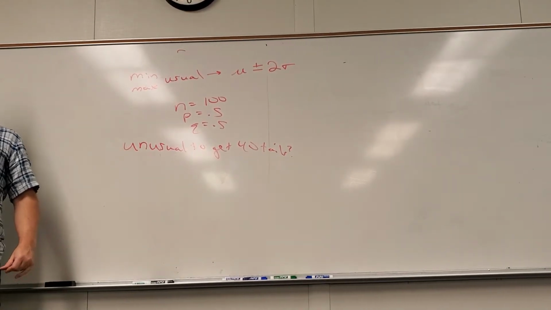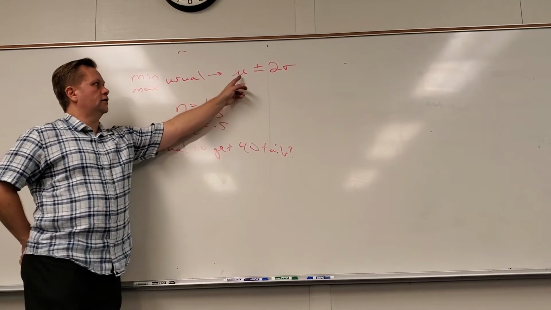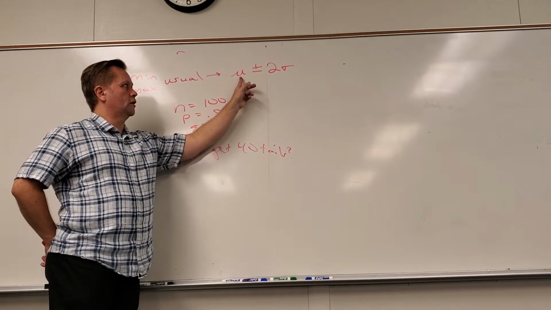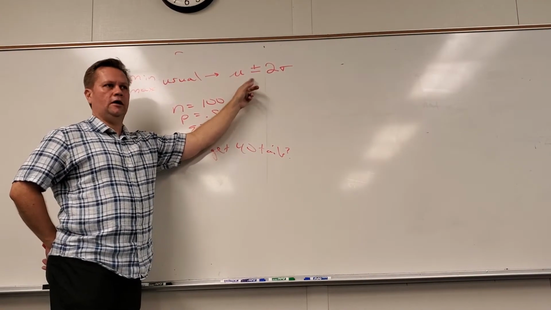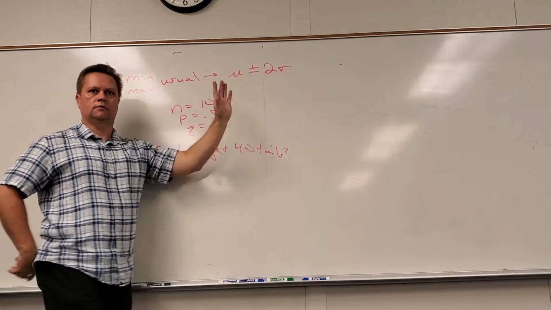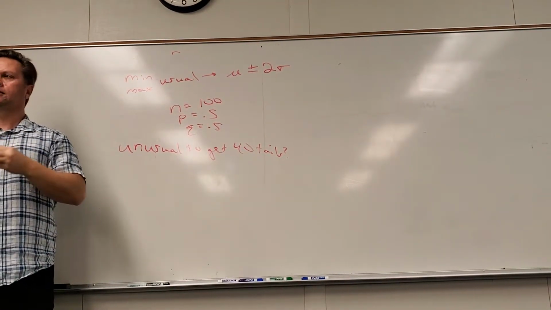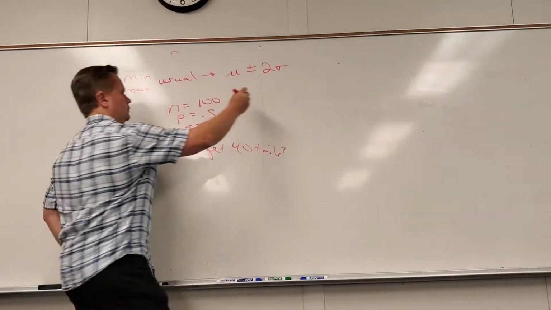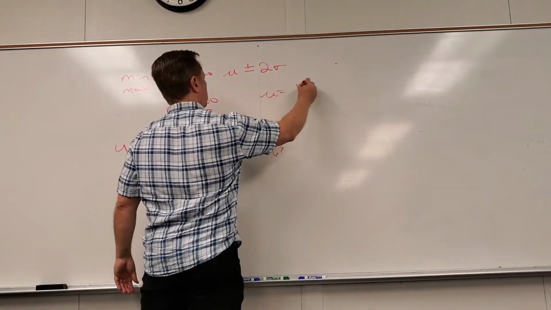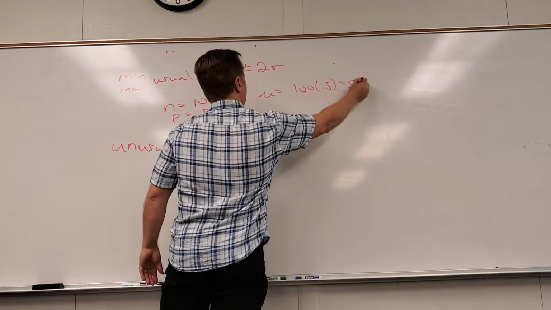I love you guys. So what do I need to figure out then? Probably the mean and the spread. How do I figure out the mean for an NPQ problem? What's the beautiful little formula for the mean? N times P. So it'd be 100 times 0.5, which is 50.